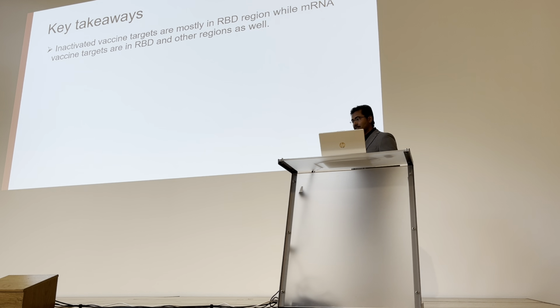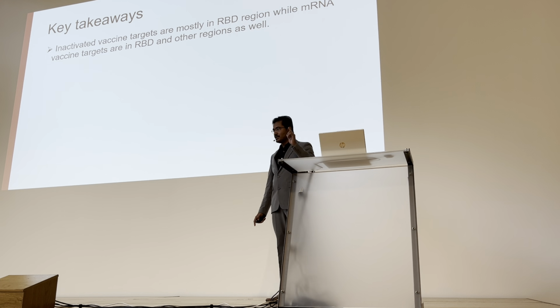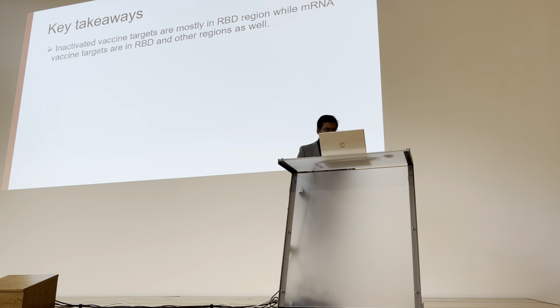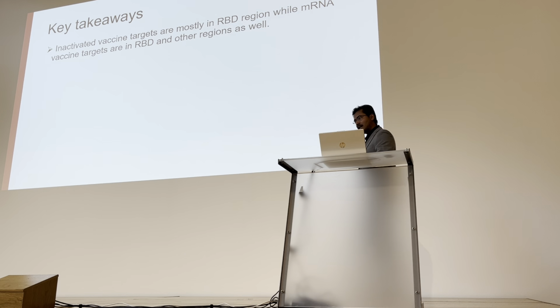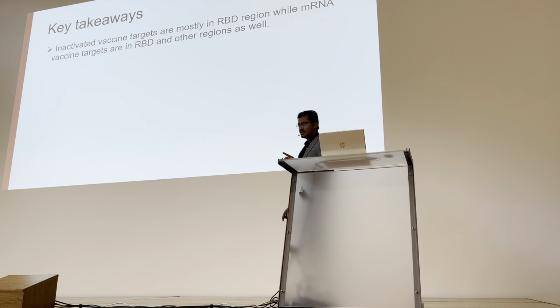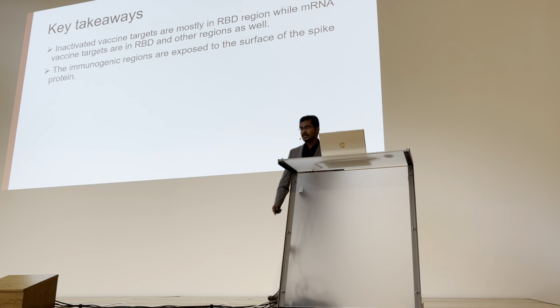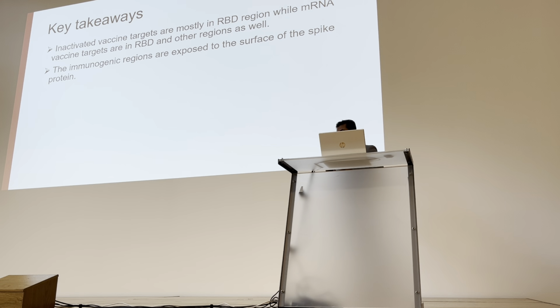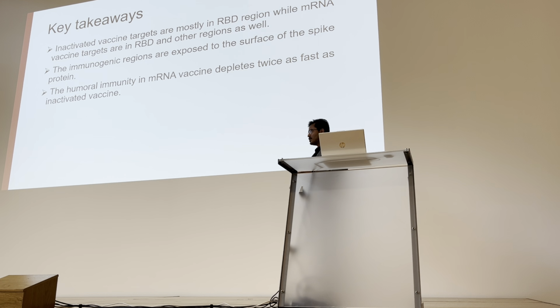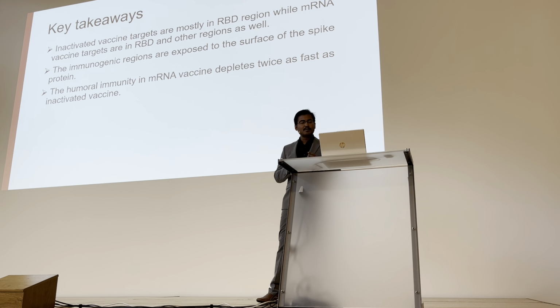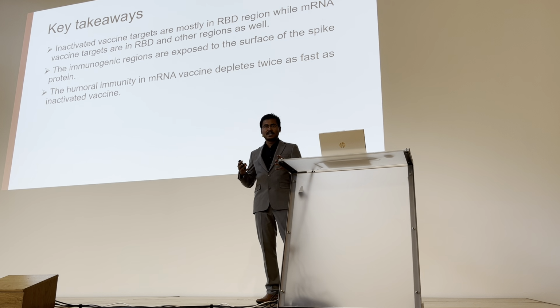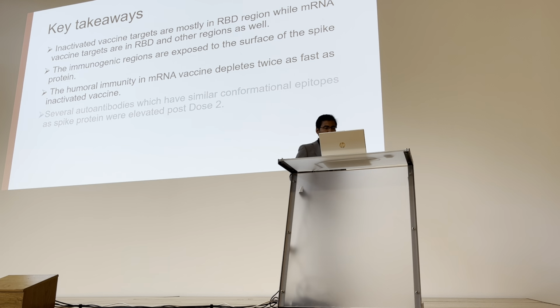So, key takeaways of my talk. The inactivated vaccine targets mostly the RBD region, while the mRNA vaccine targets the RBD as well as other parts of the SARS-CoV protein. The immunogenic regions we found are all exposed on the surface of the spike protein. The humoral immunity from the mRNA vaccine depletes twice as fast as from the inactivated vaccine.